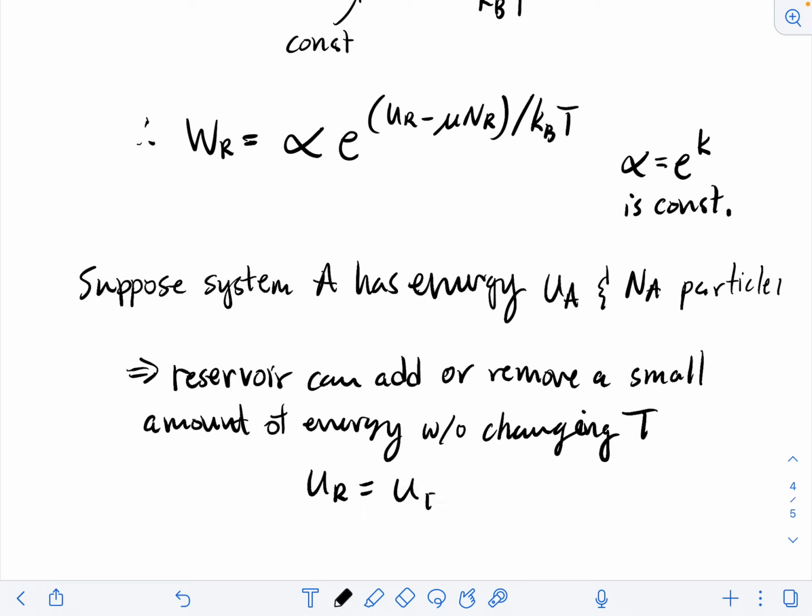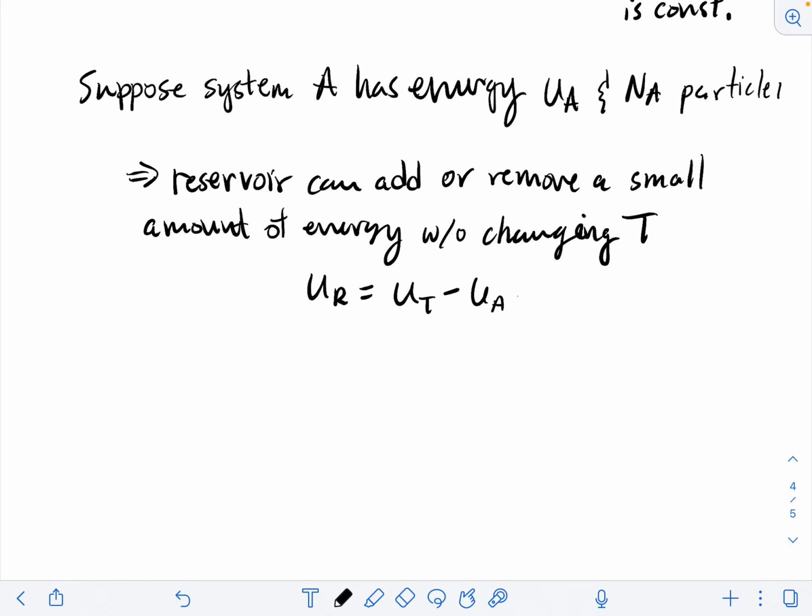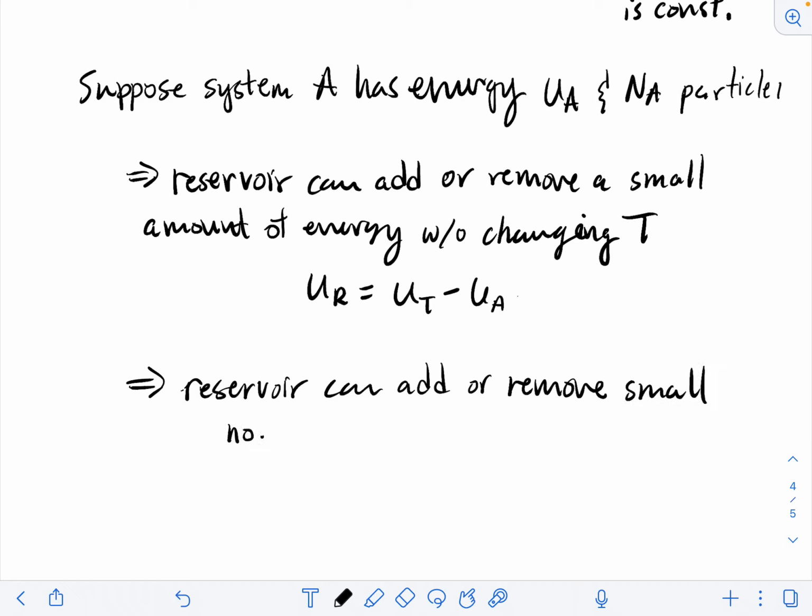And we can also write that the energy of the reservoir is the total energy of the ensemble minus the energy of system A. The other thing the reservoir can do is add or remove a small number of particles without changing the chemical potential mu.